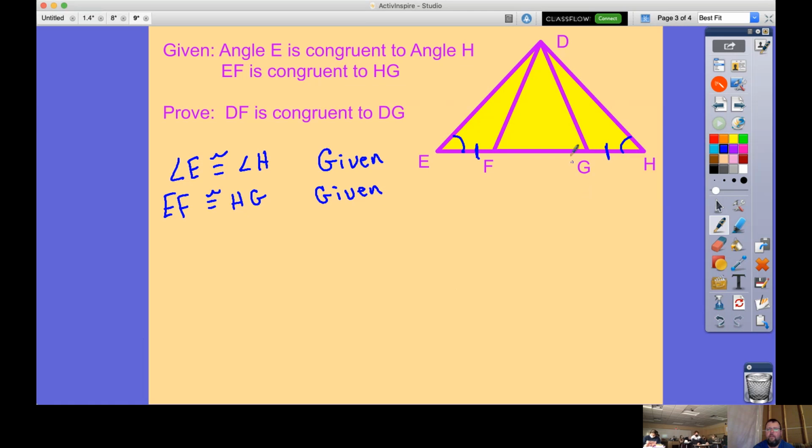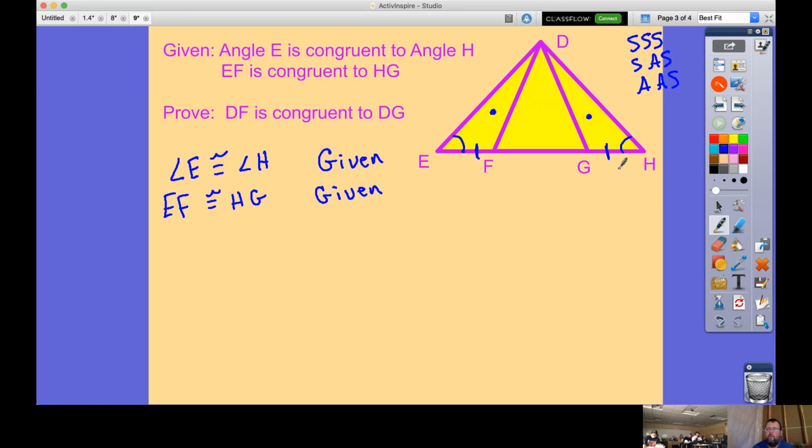All right, and then what we need to do here is we need to prove that this middle line here is congruent to this middle line here. All right, so my guess is that we're going to have to prove that this triangle here is congruent to this triangle here based on one of those different ways that we talked about. And remember, that was SSS, SAS, or angle, angle, side.